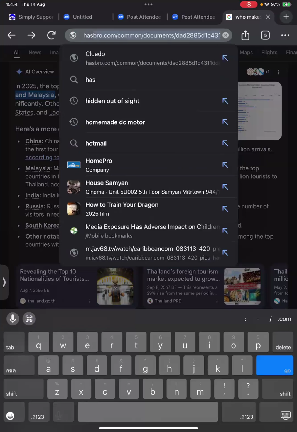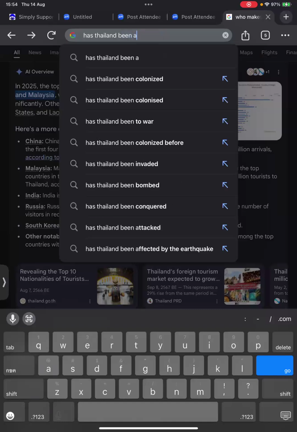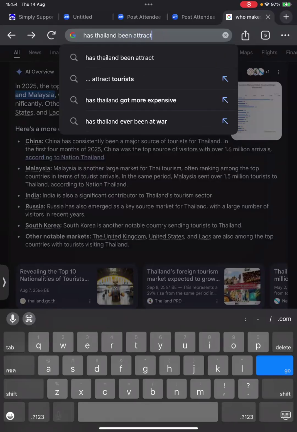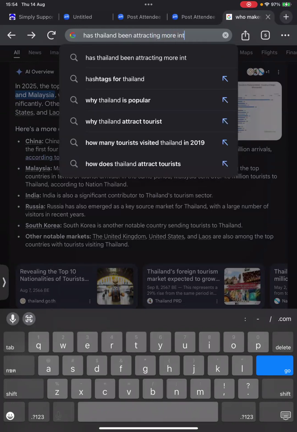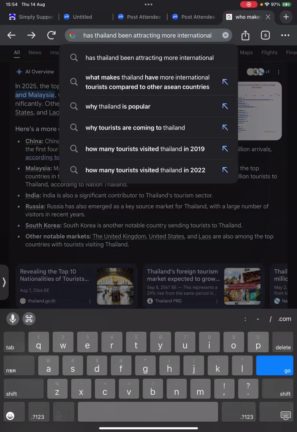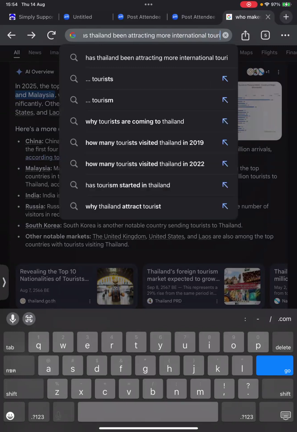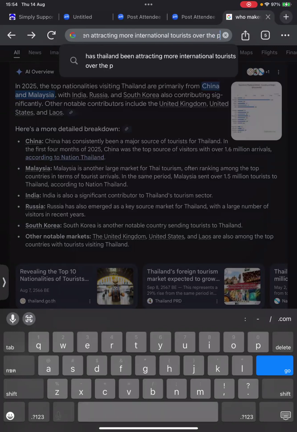Okay. Has Thailand been attracting more tourists, international tourists of course, over the past maybe 5 years?